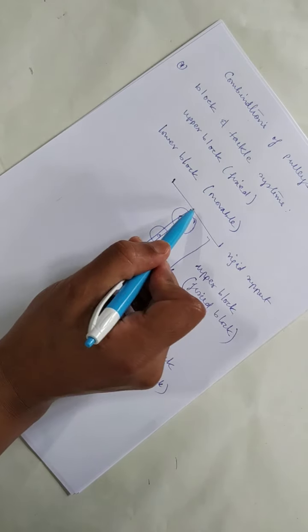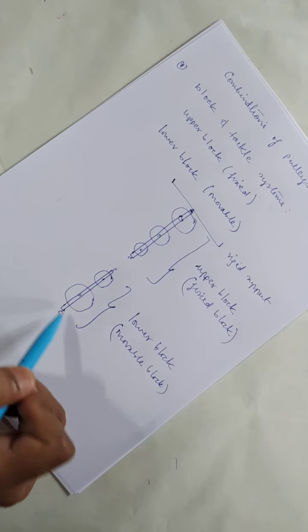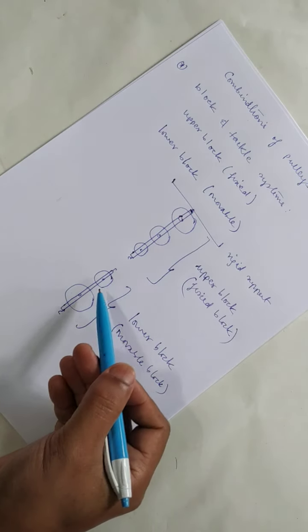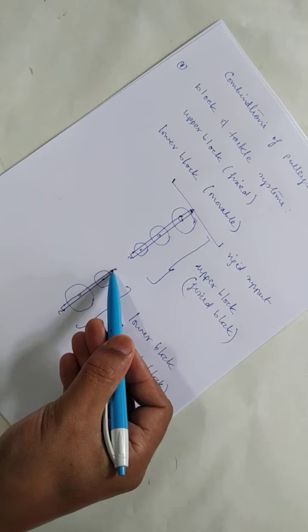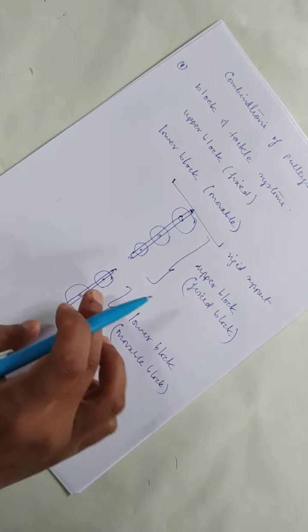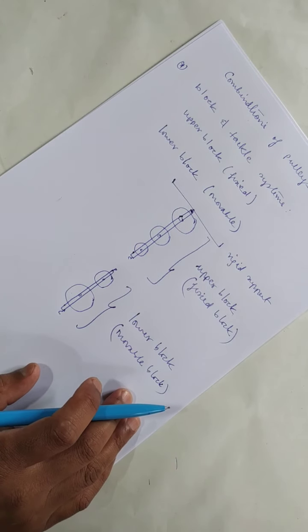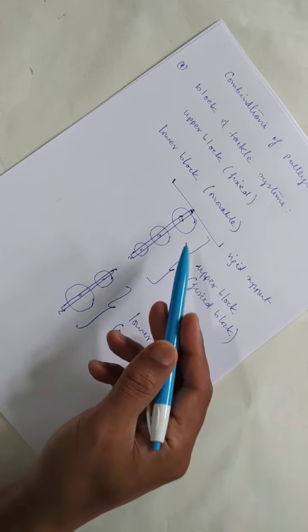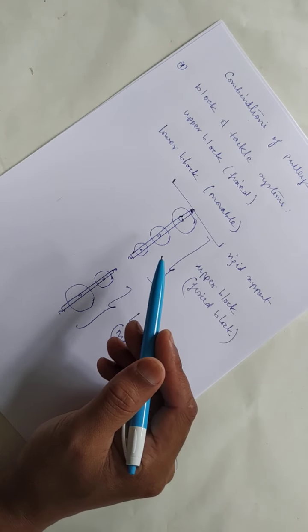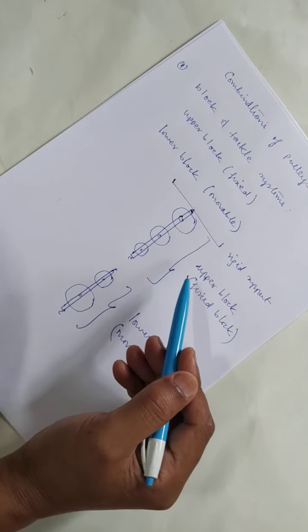So this is fixed to a rigid support, that's why it is called the fixed block, and this is movable, it is lower and it is not fixed to any support, that's why it is called the movable block. Now these 5 pulleys here, we can have more than 5 pulleys, also we can have less than 5 pulleys. Now these pulleys are supported by one string, one strand.